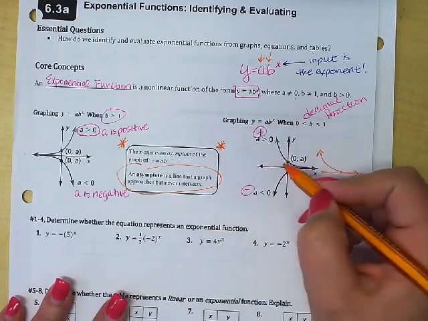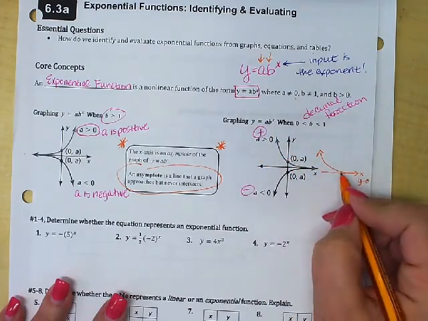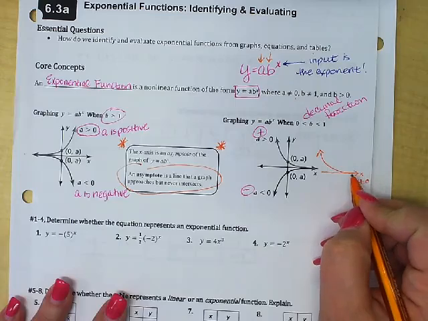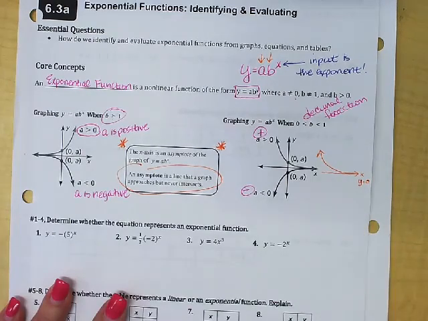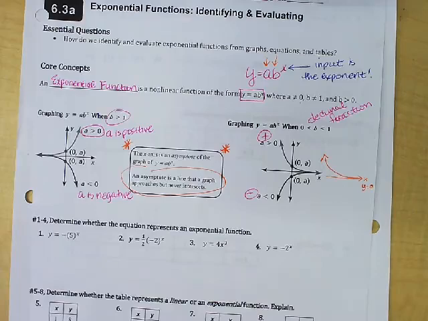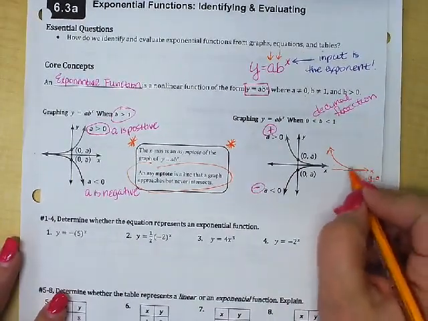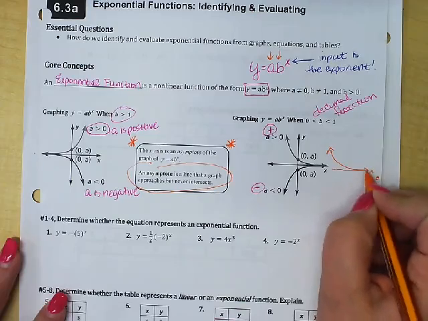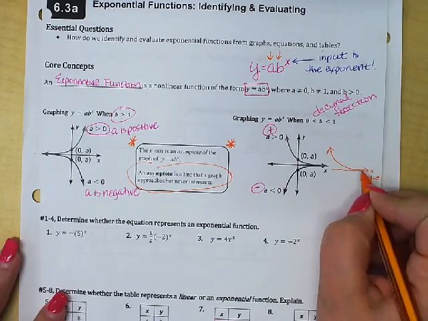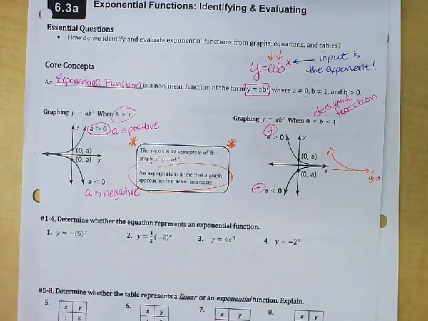If it was living in that upper half above the x-axis, then it's going to stay there. It might infinitely get closer, but it'll never actually touch or go over it. At least not right now. Once we do transformations, it'll be different. But for now, it'll do that. So when you're graphing these yourself, it should look like this, where you can show that it's approaching it, but not actually reaching it or going across it.